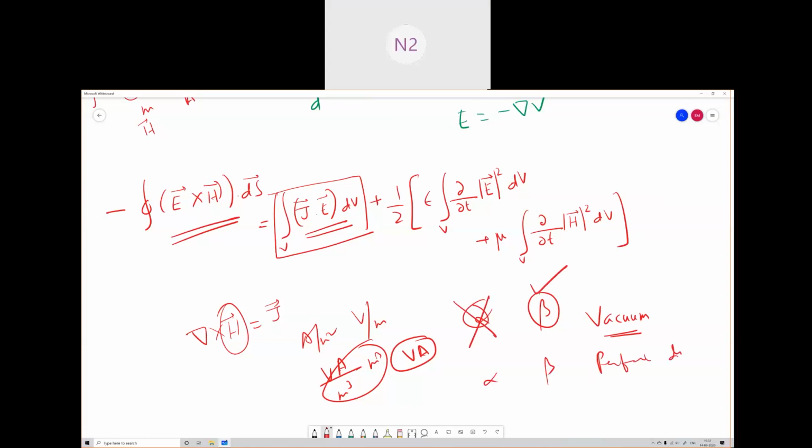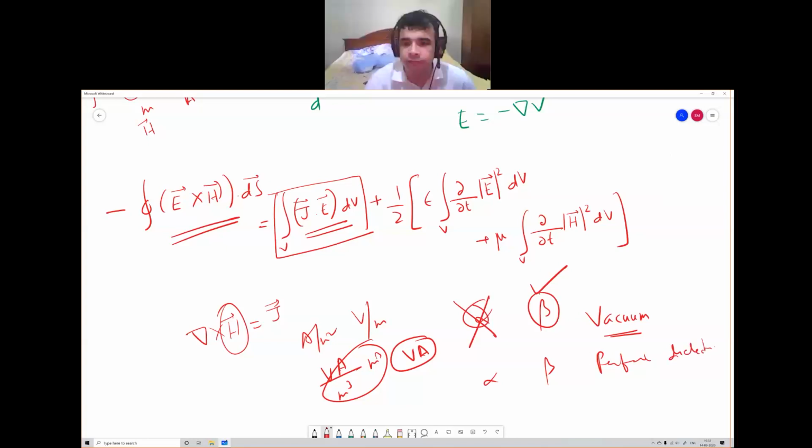Let's see the last day's notes. Where was alpha there? The idea is that the equation is fine, but you must understand what exactly this theorem means. Was alpha there for perfect dielectrics?